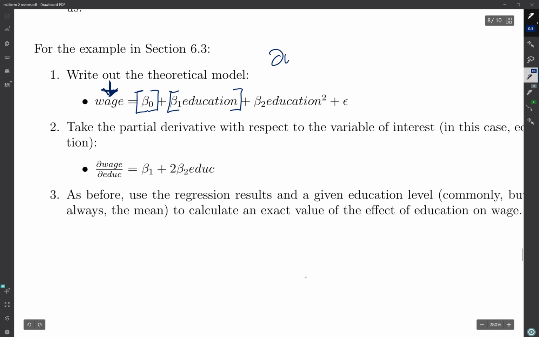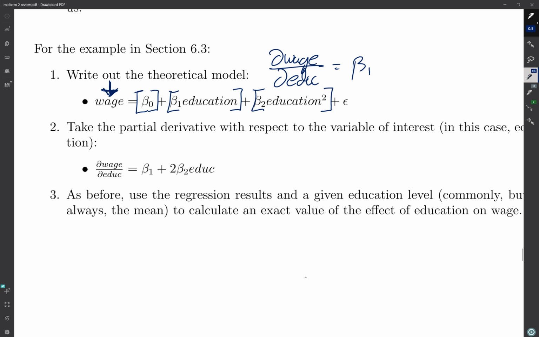Okay, so let's write this out. d wage over d education is going to be equal to beta 1. And then let's do this part. What's the derivative of beta 2 times education squared with respect to education?